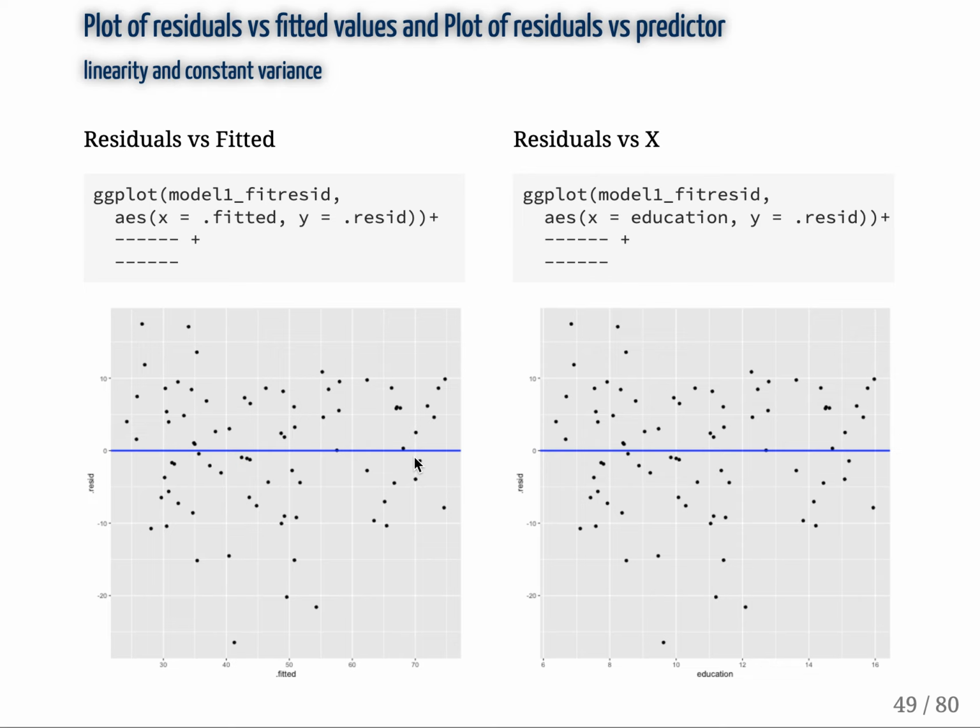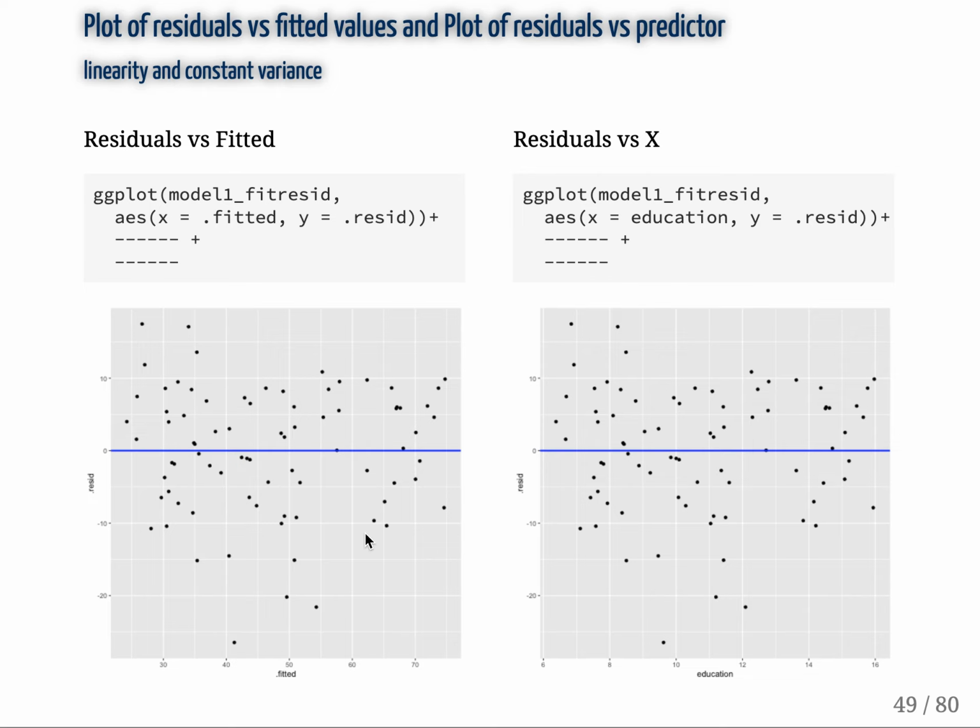So this plot is used to diagnose violations of homogeneity of variance, linearity, and zero mean. If homogeneity of variance is violated, that is, the assumption of constant variance is violated, the standard error estimates associated with the regression coefficients are no longer entirely reliable, and your t-tests for coefficients aren't quite right either.